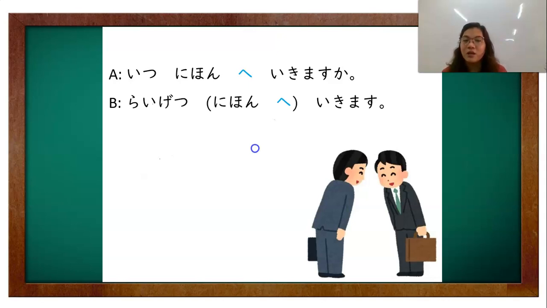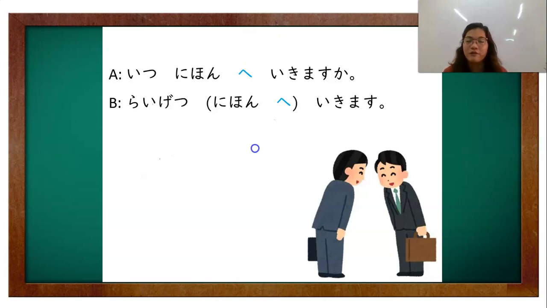Raigetsu nihon e ikimasu. Okay, sasabihin mo, raigetsu, next month. Okay, next month, pupunta akong Japan. Raigetsu nihon e ikimasu. Okay, or you can just also say, raigetsu ikimasu.